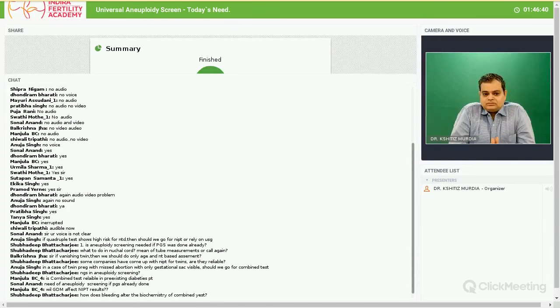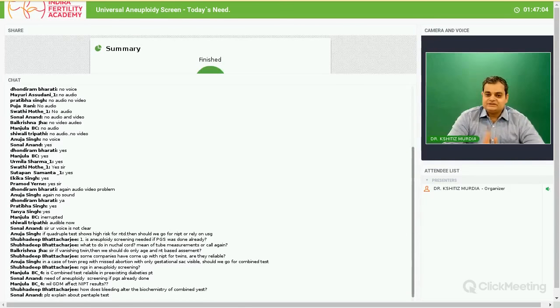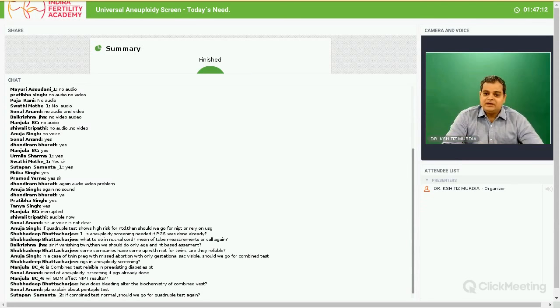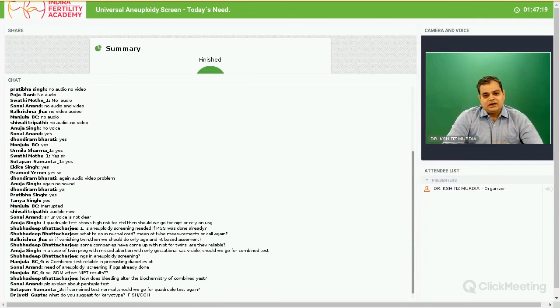Dr. Shubdeep, how does bleeding alter the biochemistry of the combined test? Some publications say that if ongoing bleeding is there, then the biochemical markers, serum beta-hCG pathway, may go wrong, and that's why the false positive rate may be on the higher side for such cases. But there are confusing reports.